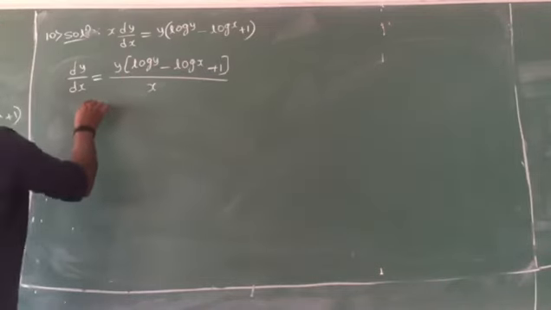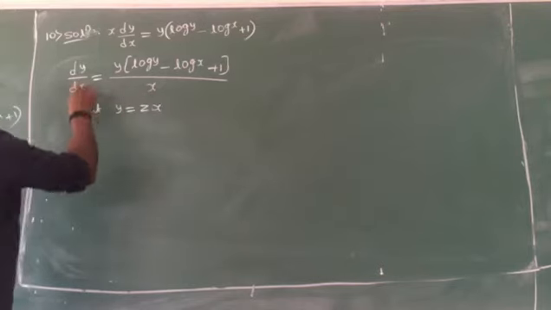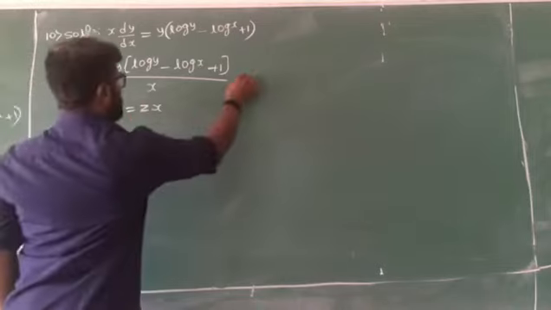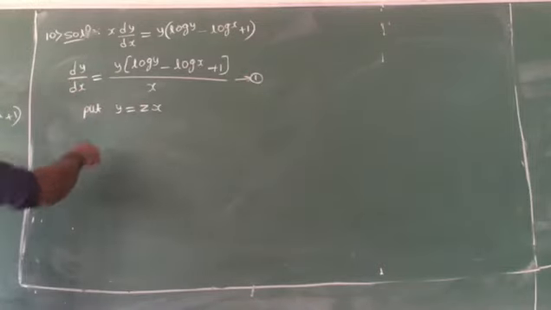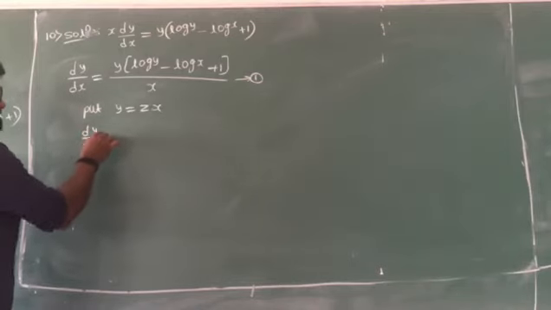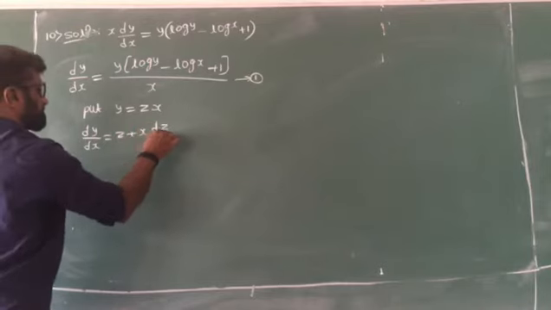So according to this, put y equal to zx, because y is the dependent variable, so we substitute another variable. So y is equal to zx. I want dy by dx, so I differentiate with respect to x. So dy by dx is equal to z plus x into dz by dx.